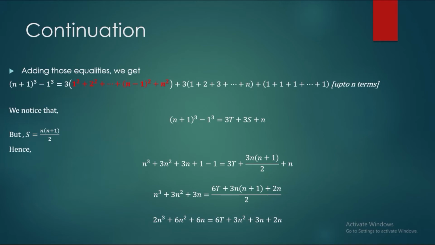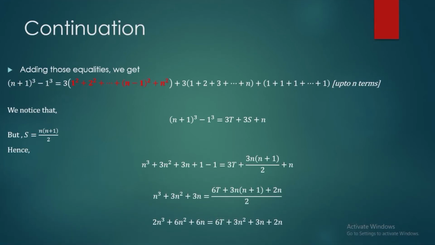So we get (n plus 1) cubed minus 1 cubed equals 3t plus 3s plus n. But we know that s equals n times (n plus 1) divided by 2.